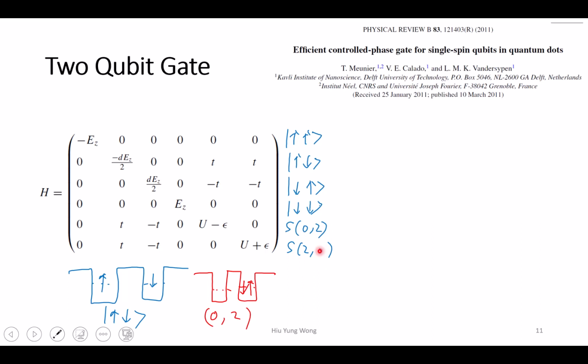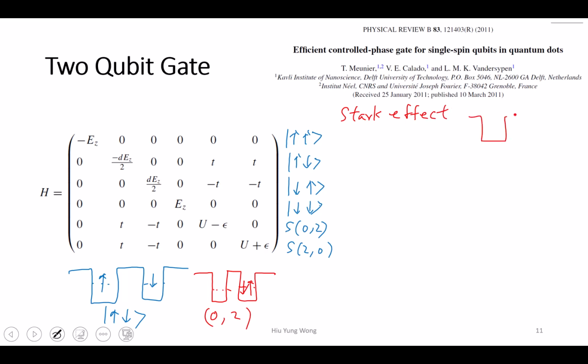So I just want to discuss a little bit what is easy. We use the Stark effect, so actually we have two different Larmor frequencies.